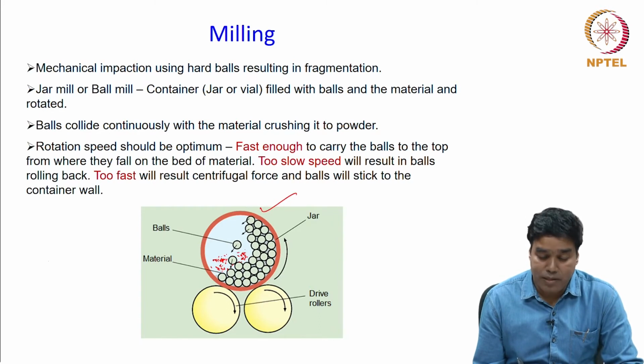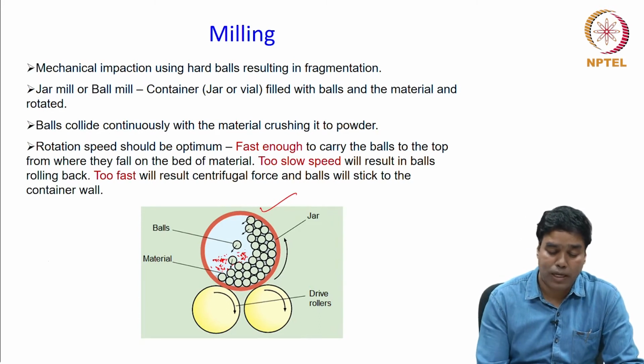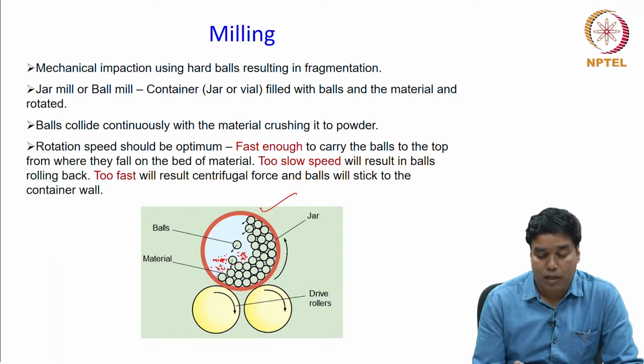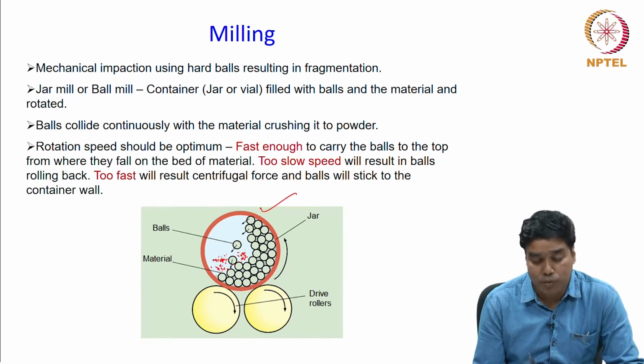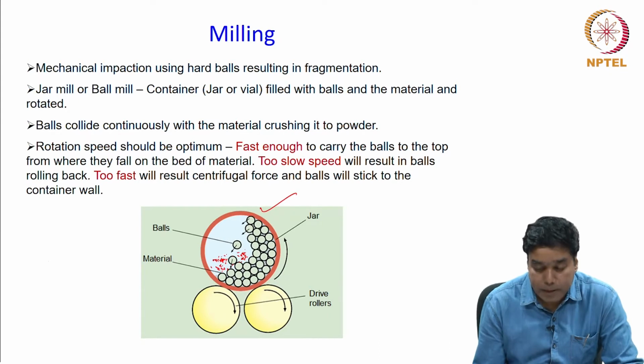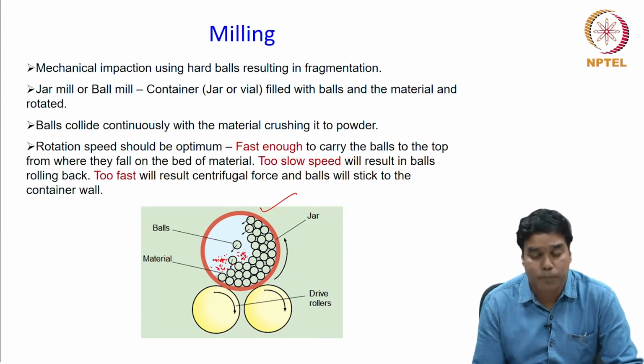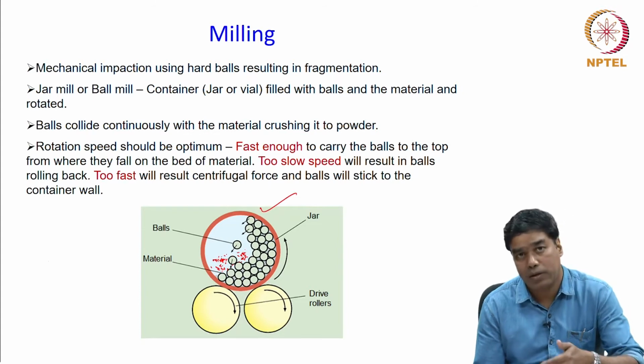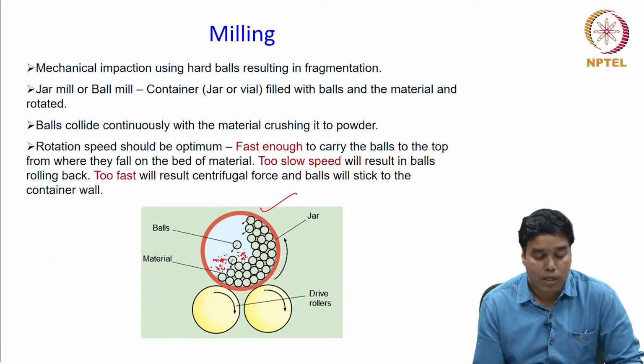So, it should be fast enough so that the balls can reach all the way to the top, and from there they can fall down on the bed of material. Similarly, it should not be too slow on the other hand, because if the speed is too slow, that will result in balls rolling back and not really going to the top and falling on the material, right.